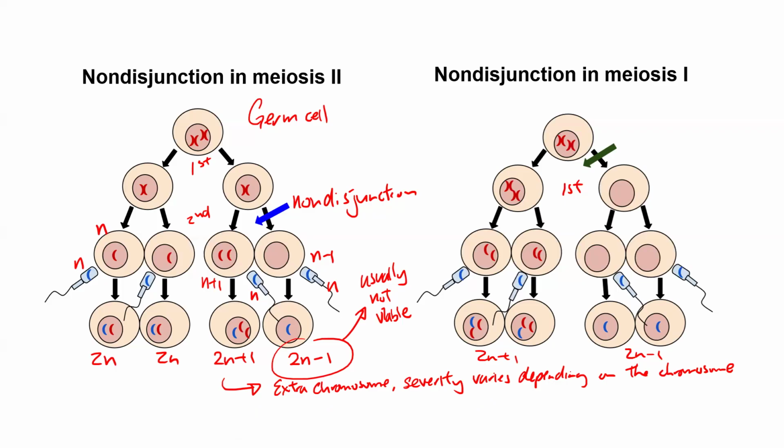But can this happen in spermatogenesis? Yes, but remember, in spermatogenesis, there are thousands of sperm being produced every second, right? So if 1 or 2 of these contain an error, the chance of that making it all the way to fertilize the egg is pretty low. Does that make sense?